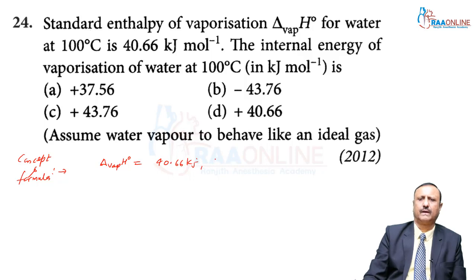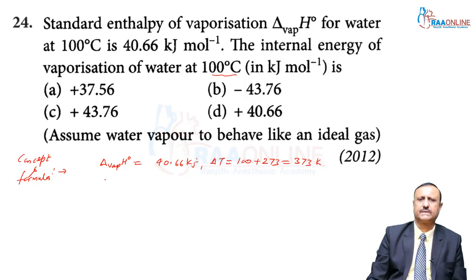And what is the temperature? The temperature is 100 degrees Celsius. So, it is converted to Kelvin, 273 plus 100, and you get 373 Kelvin.